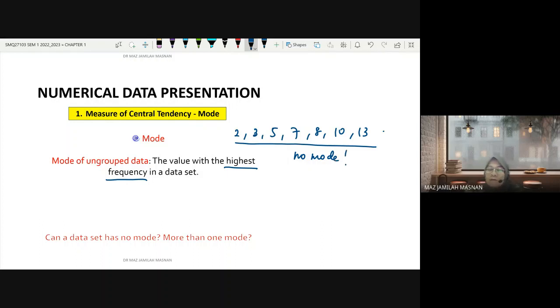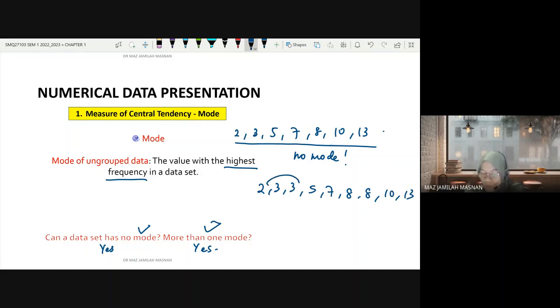Okay, so the next question, can a data set have no mode or more than one mode? Yes, the answer would be both yes. If your data has no repetition, it means that there is no mode. If your data has similar repetition, for example, I have 2, 3, 3, 5, 7, 8, 8, 10, 13.